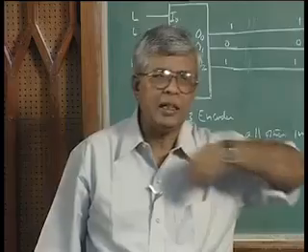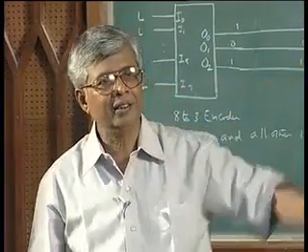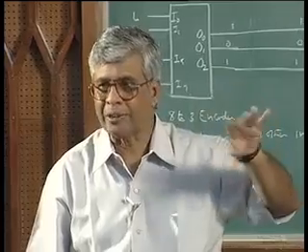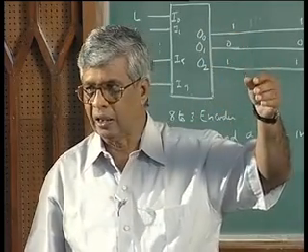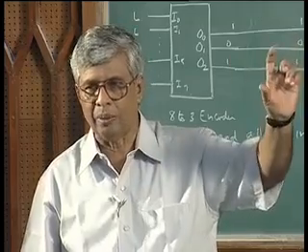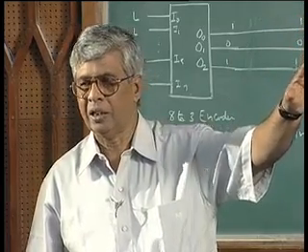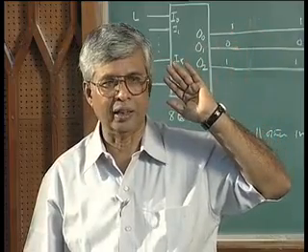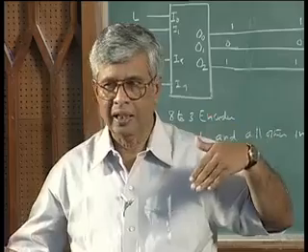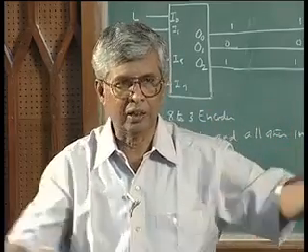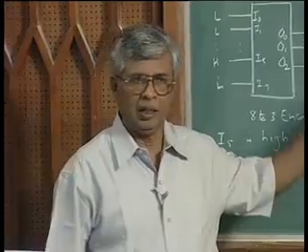So instead of running 8 lines and finding out which is active high, I can send 3 lines with coded information, and then at the receiving end we will decode the 3 bits to find out which input exactly was high at the sending side. This is data compression. Instead of running 8 lines because of the length requirement, we can do it with 3 bits. 3 lines will do the job.